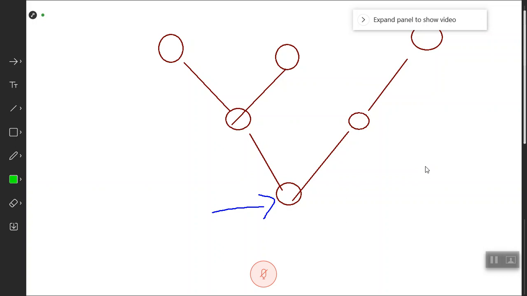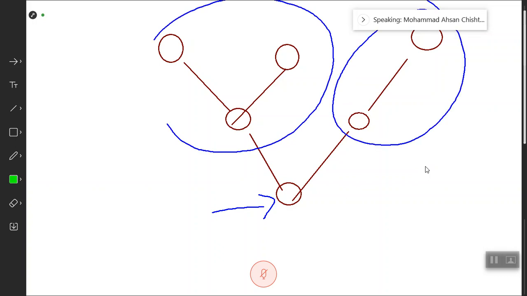If this one fails, you still have a small network working here as well as a small network working here if this one is down. So it doesn't have that way centralized, but it is centralized in case you want to send from A to C, you cannot, but A to B, you can do the transmission.